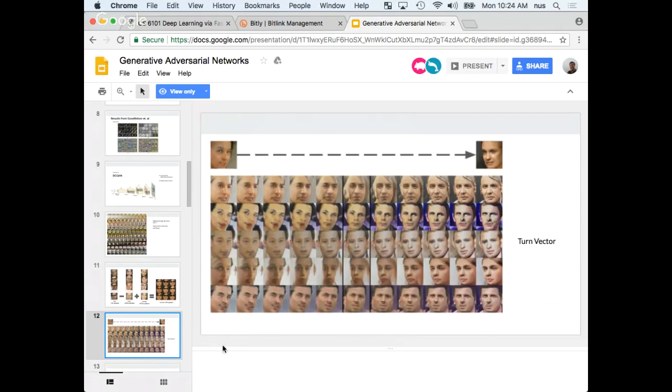So they start off with a left vector and a right vector. They take a bunch of images with the face on the left and a bunch of images with the face on the right, and they try to interpolate between the two, and they see that the images actually seem to turn their head as you go from one end to the other.